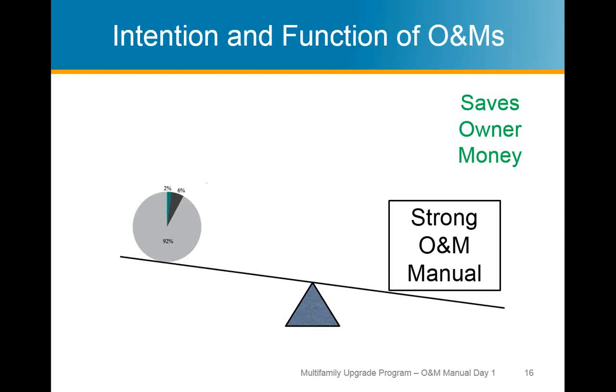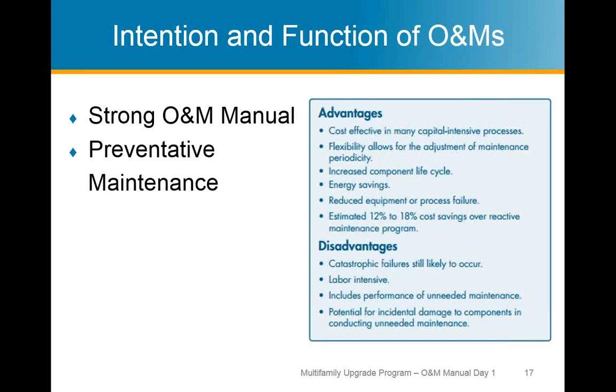So what does that look like? I think everyone's familiar with preventative maintenance, but the advantages are many and obvious. It's cost effective in many capital intensive processes. The flexibility allows for the adjustment of maintenance periodicity.